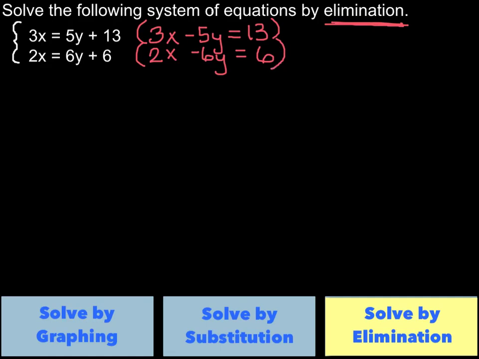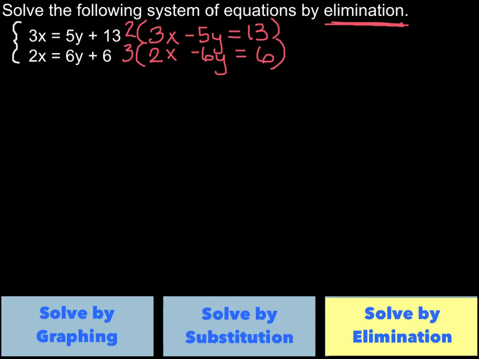I need them to be the same number with opposite signs, so that when I add down, the x's are eliminated. It goes to 0. So the trick is whatever this number is, that's what you multiply the bottom equation by. And then whatever this number is, that's what you multiply the top equation by.